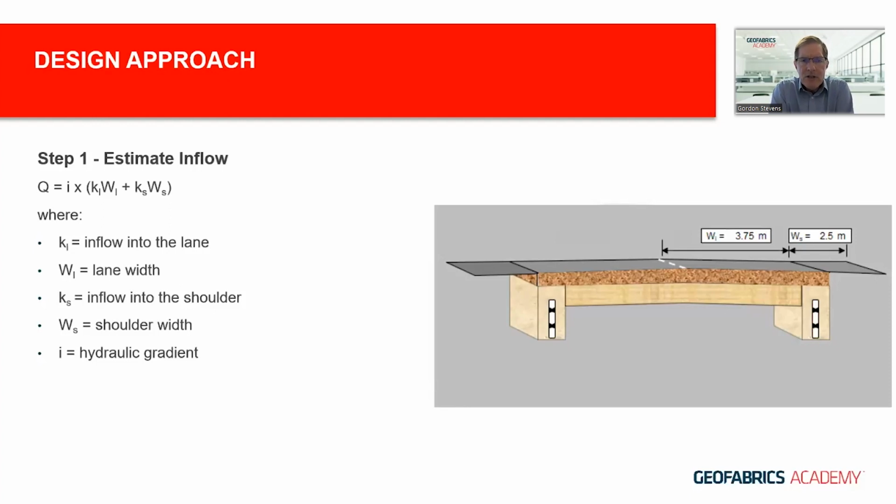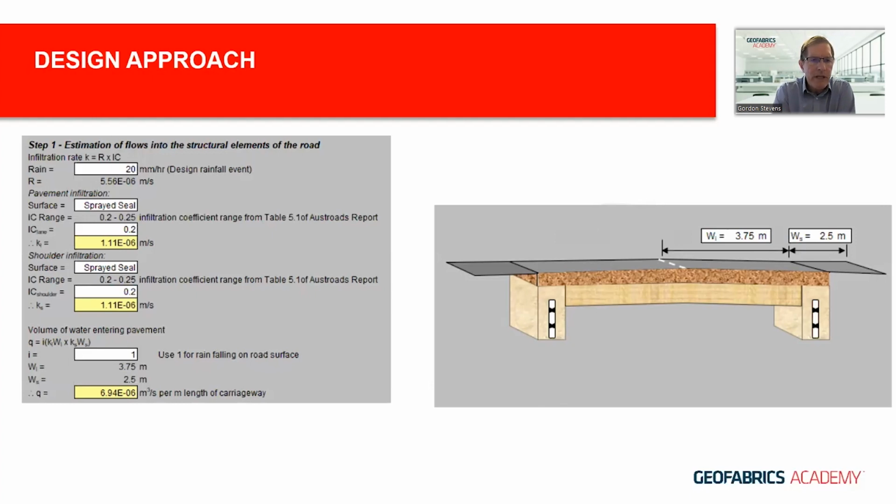So looking at an example, what we have here is a 3.75 meter lane and a 2.5 meter shoulder. Here's the formula that we use, and we can calculate that for a particular rainfall event, in this case 20 millimeters an hour.